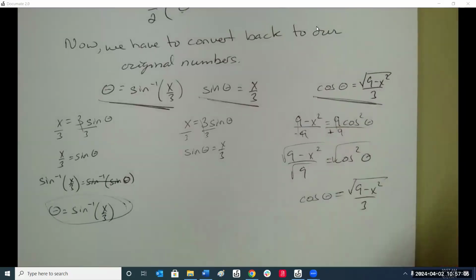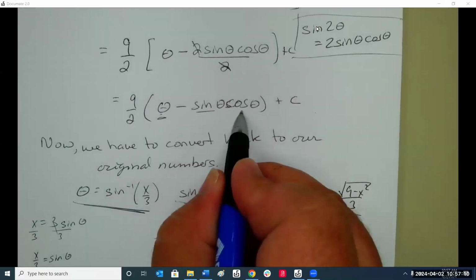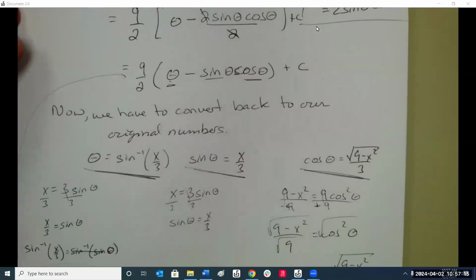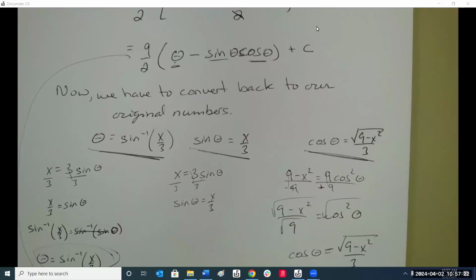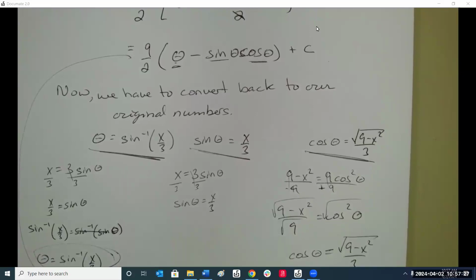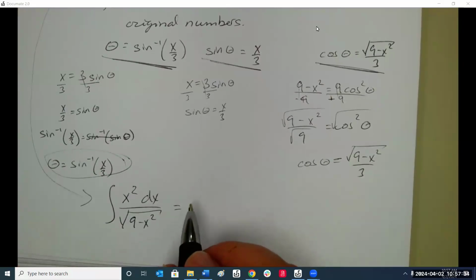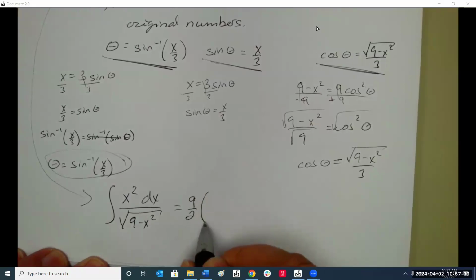So I have that. I have that, and I have that. So our integral of x squared dx over square root of 9 minus x squared becomes 9/2.